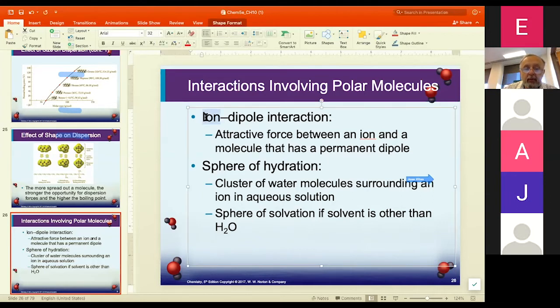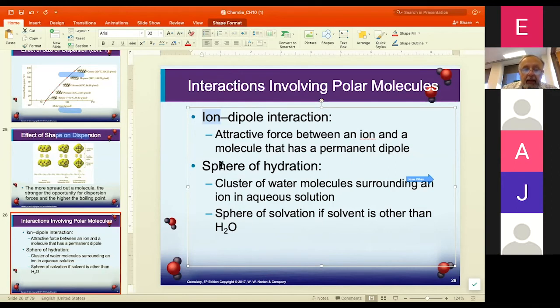If an ion could have +1, +2, or -1, -2, the dipoles are going to have like +0.1 or -0.1. So they're much weaker than the ions, but yet they have a side that is positive and a side that is negative.